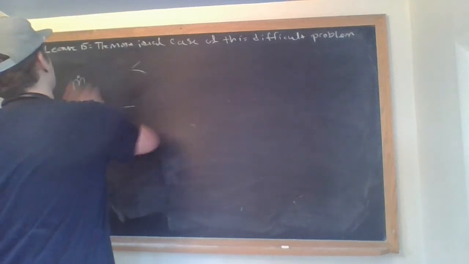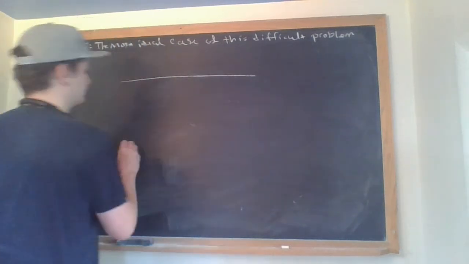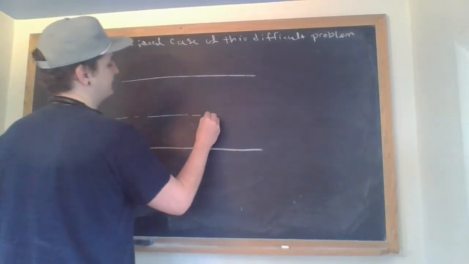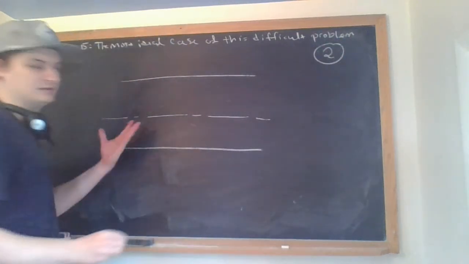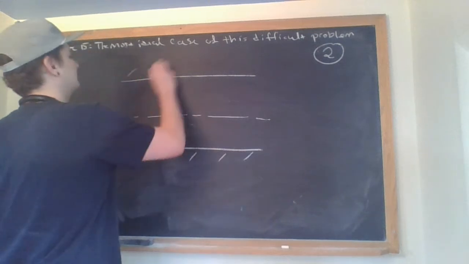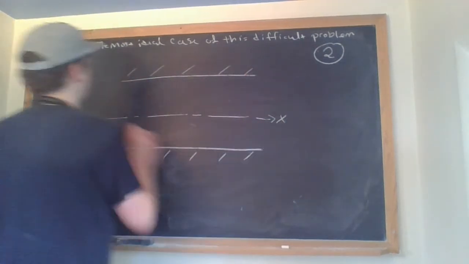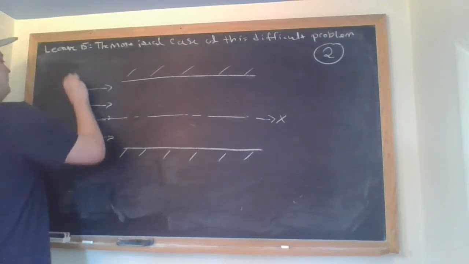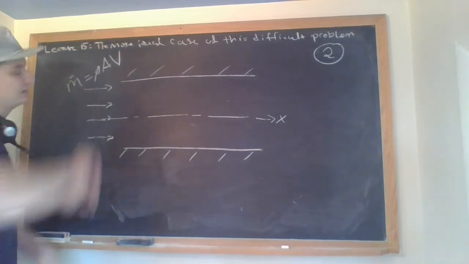Another type of simple flow problem that we could draw is a single straight pipe. Right here again, we'll have insulated walls, a pipe. And remember, we still have gas, an m dot, rho A v.